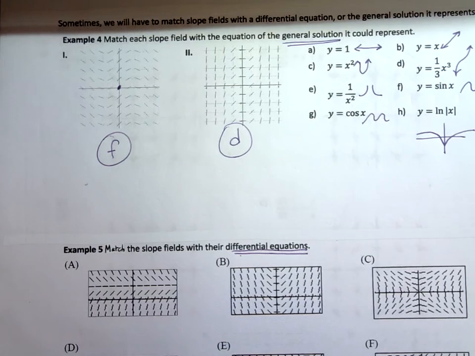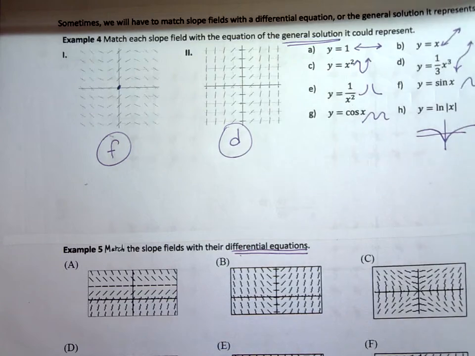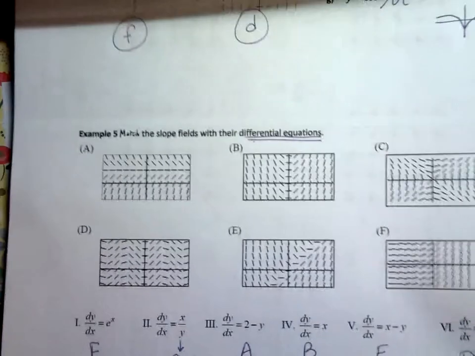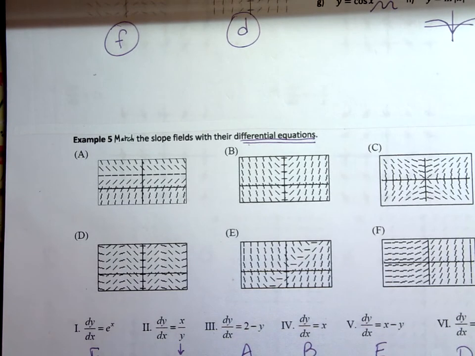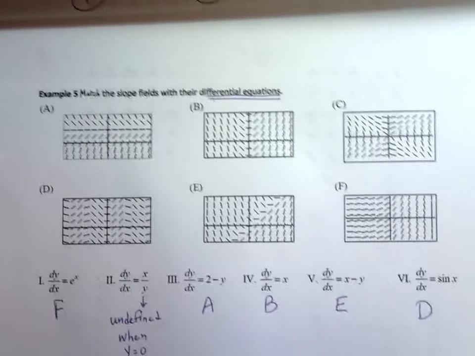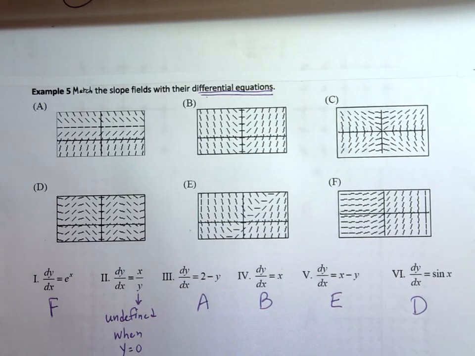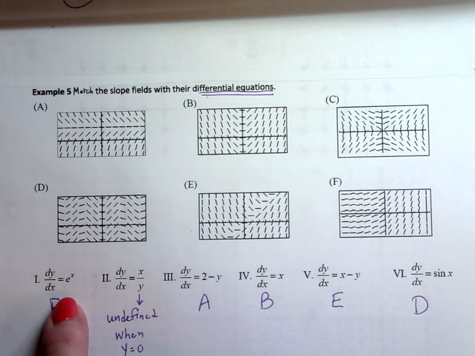And then match these slope fields with the differential equations. This is a little bit harder. So I always look for places that would be zeros first. Like for example, I know that in Roman numeral 1, e to the x, if x is 0, what are all of the answers going to be? Anywhere x is 0, you're going to have a y that's 1, right? Your value is going to be 1.